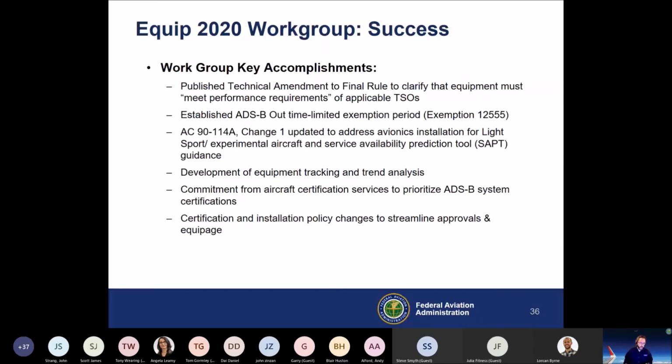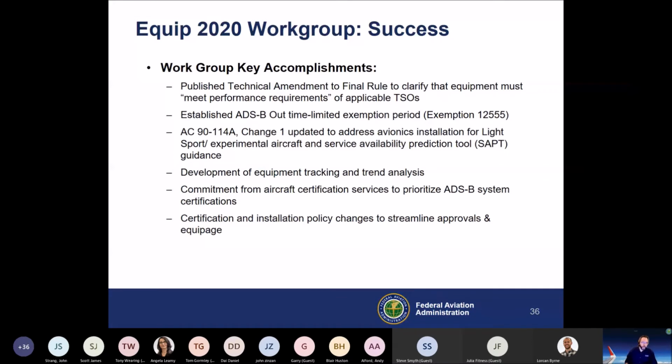Those that applied and provided an equipment schedule were given a 5-year period to extend, so they're able to operate with this older nav equipment, older positioning equipment until 2025.